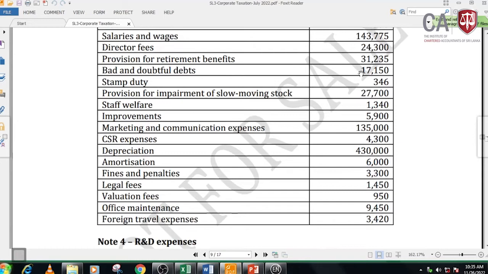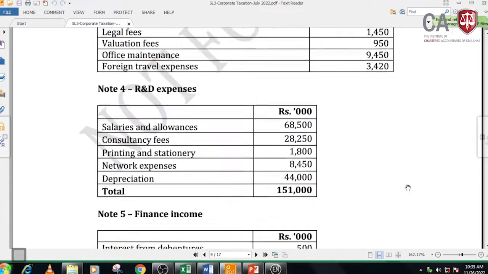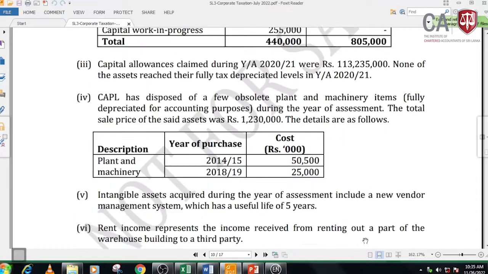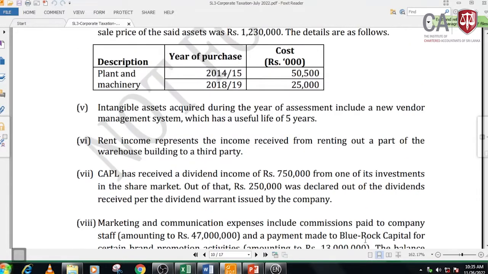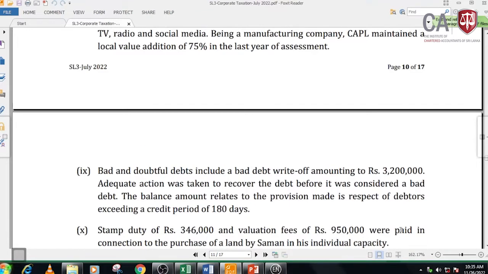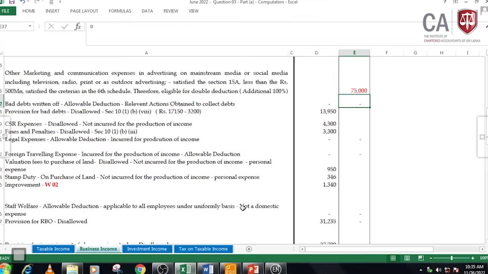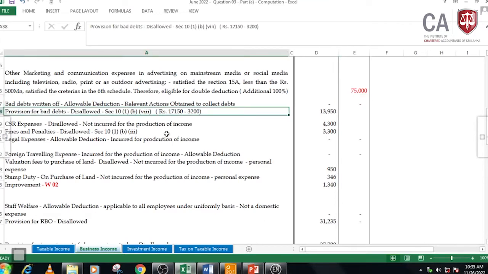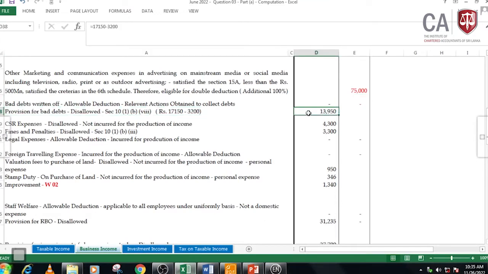Bad and doubtful debt 17,150,000. From this you have to deduct the write-off, which is the 3.2 million, and the balance, which is the provision, you really need to disallow. Then it is calculated as 17,150 minus 3,200.